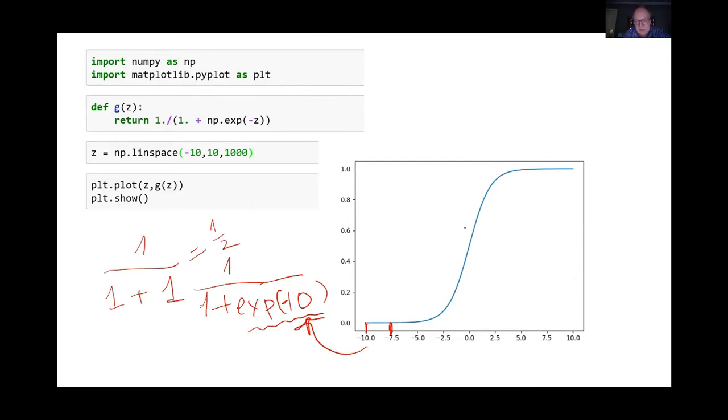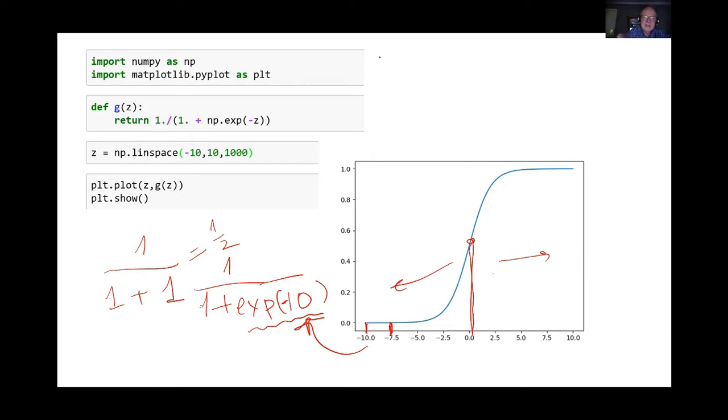This is the dividing line, where the value of the logistic function is a half. When z is positive, the value of the logistic function is bigger than a half. Down here, it's going to be smaller than a half.